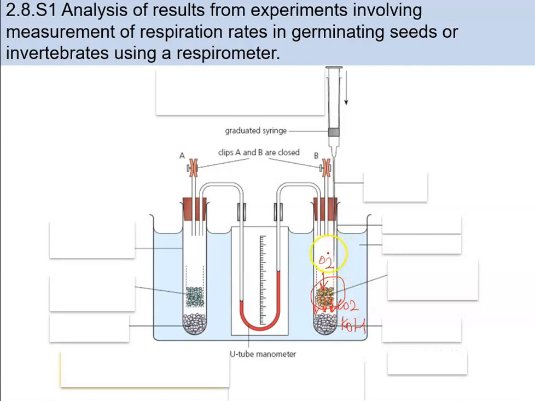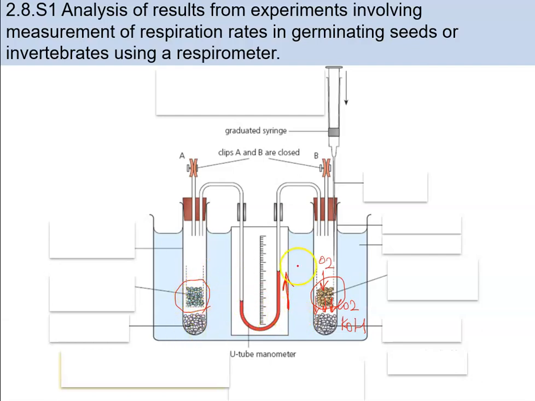So we have low pressure over here because of the absorbed oxygen, and then the oil color will move up. And we have the same tube here, but this is a control, and this control doesn't respire. Exactly the same thing.